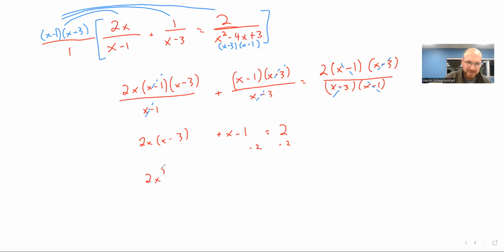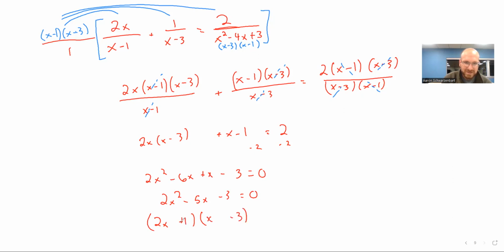So I get 2x squared minus 6x plus x minus 1 minus 2. Negative 1 and negative 2 is negative 3. 2x squared minus 5x minus 3 equals 0 for both of those. And this does factor: 2x plus 1, x minus 3.